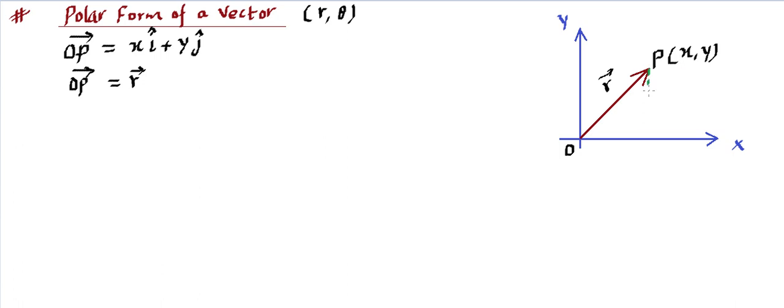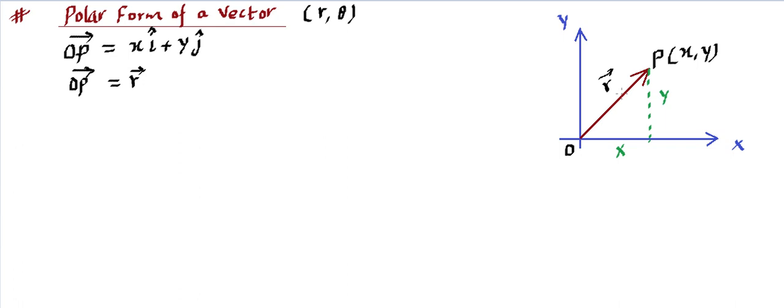If we drop a foot of perpendicular over here, then you will find this quantity is known as y and this quantity is known as x. We know these coordinates.